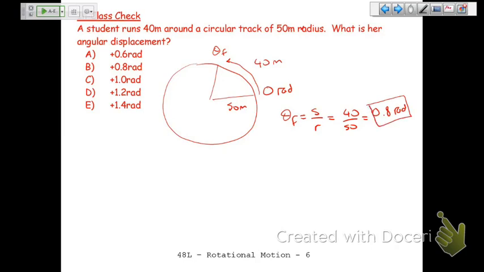It's positive because I'm going in a counterclockwise direction. We'll get to that in a bit. Just like we have a positive number line and a negative number line, we need a positive rotation and a negative rotation because they're opposite. Counterclockwise is positive.